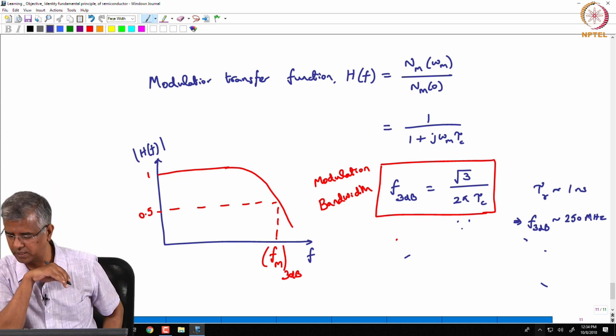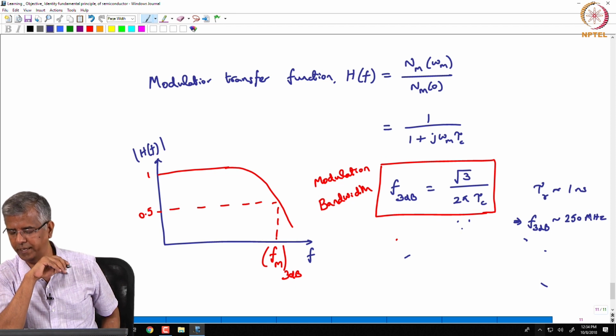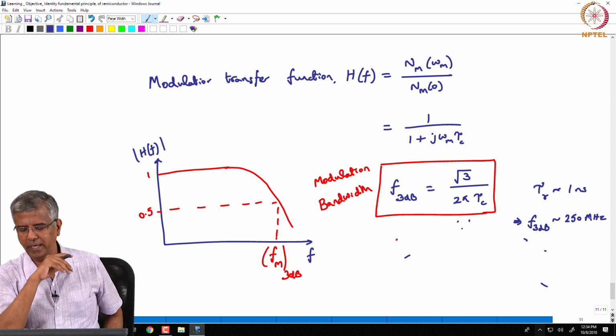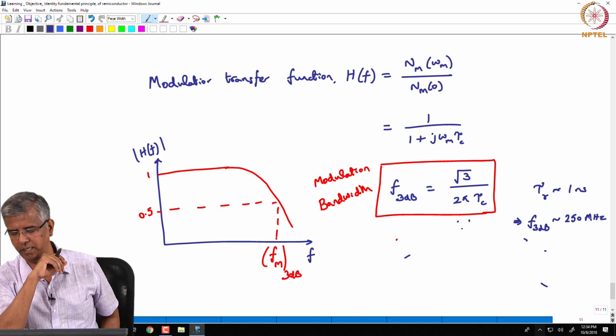I do not have the exact number here, but that is just giving you a ballpark idea. So, typically hundreds of megahertz modulation bandwidth is possible with these LEDs.